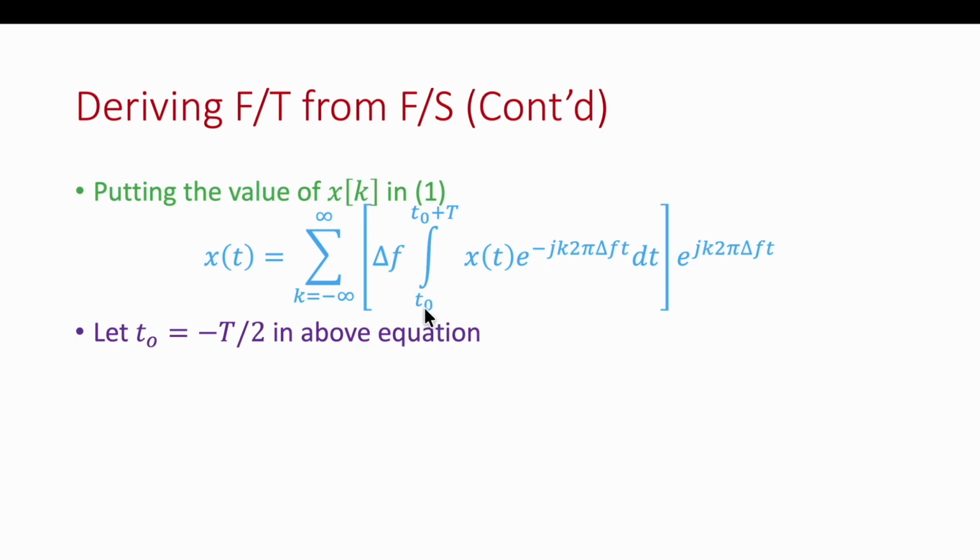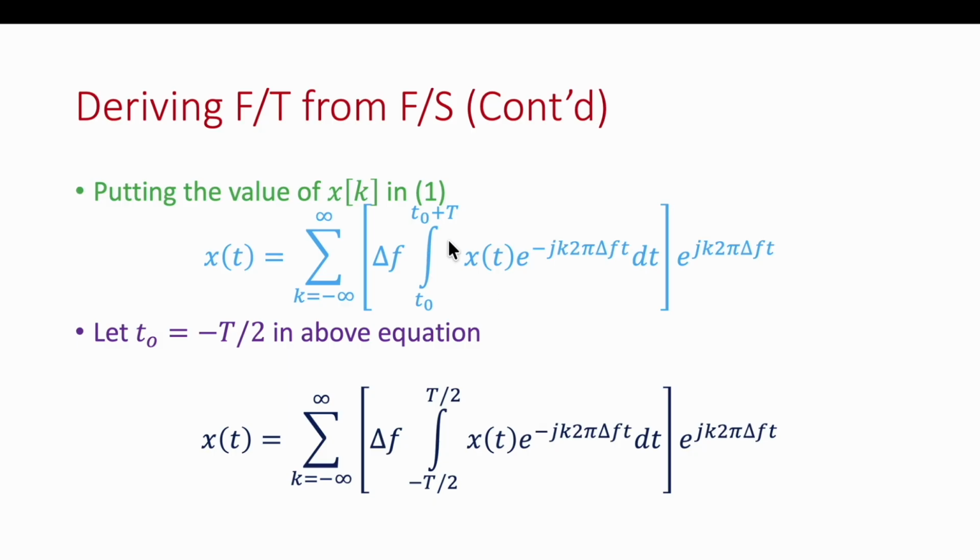If you consider t naught equal to minus T by 2, then the lower limit is replaced by minus T by 2, and the upper limit is replaced by T by 2. So the same equation can be written with different limit values, from minus T by 2 to T by 2.